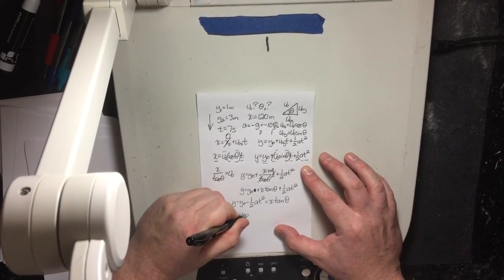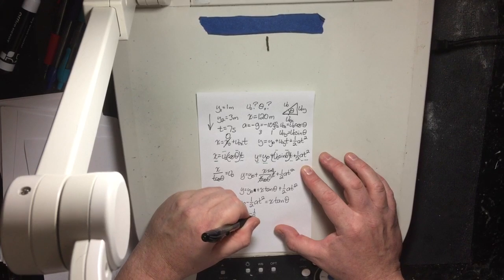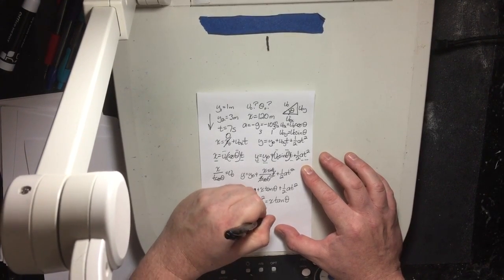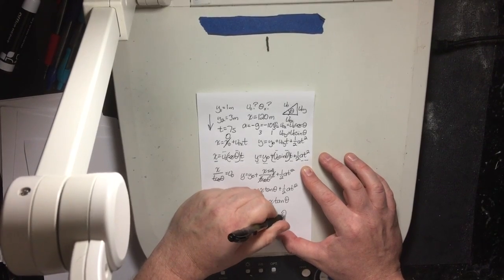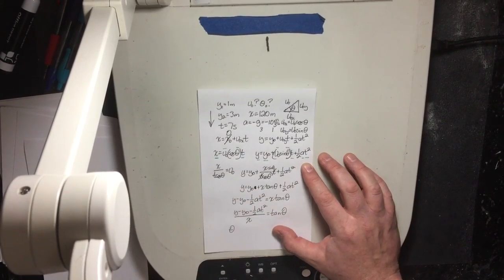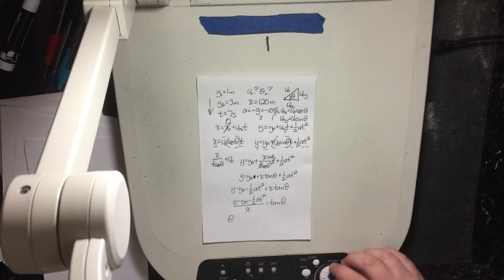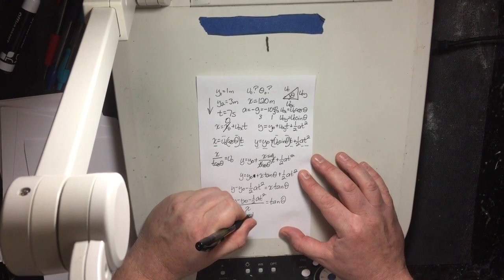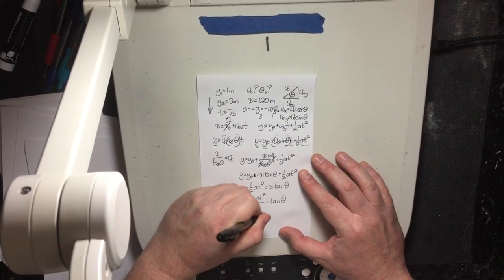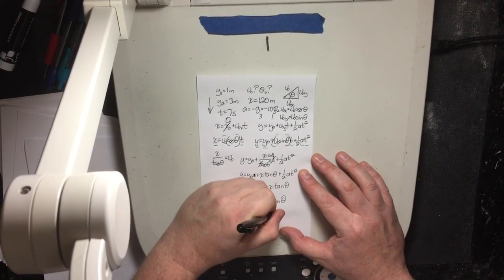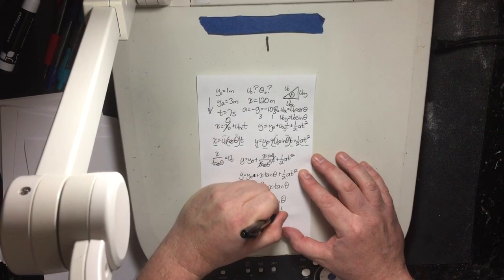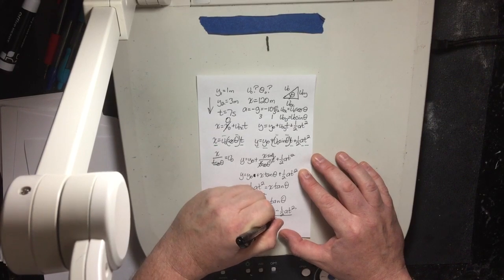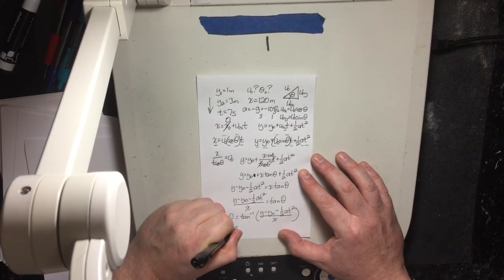Y minus y naught minus 1/2 at squared over x is tan theta, or theta is inverse tan of y minus y naught minus 1/2 at squared over x. And that is your theta.